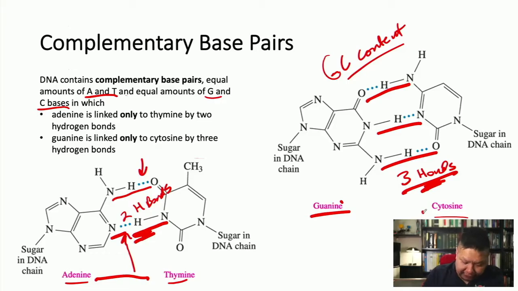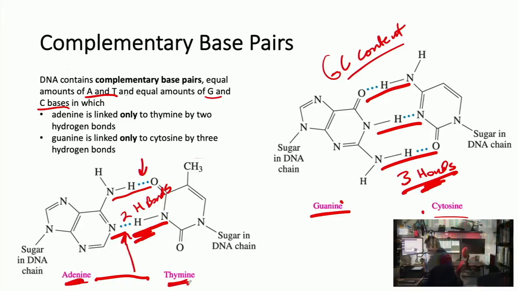Oh, yeah, and also I forgot to say, excuse me, adenine is a purine, and it bonds with a pyrimidine, thymine, right? And guanine is a purine, and it bonds with the pyrimidine cytosine, right, in the double helix of DNA, right? So it's not going to be that thing where purines stick together and pyrimidines stick together.